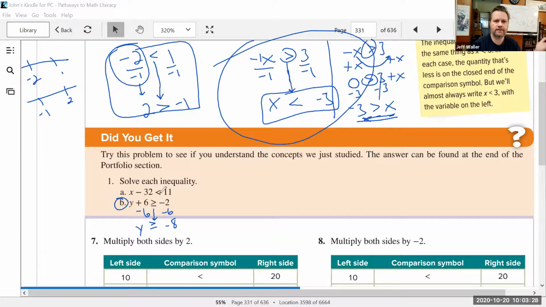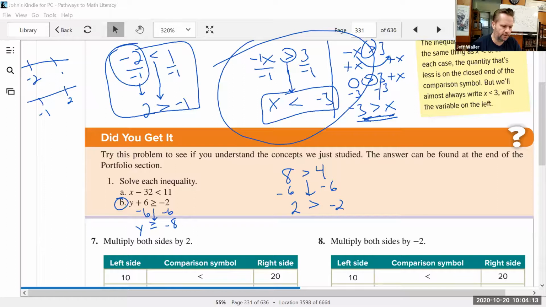No, I subtracted 6. So of course the symbol's not going to flip. So 8 is bigger than 4. Is that true? If I subtract 6 from both sides, I get 2 and -2, and 2 is still bigger. See, the sign didn't flip. This is bigger than that, and then I subtract something; it preserves who's bigger. Dividing or multiplying by a negative doesn't preserve who's bigger. It flips that situation. I don't know if that's too much, Jeff. I'll stop talking about that.